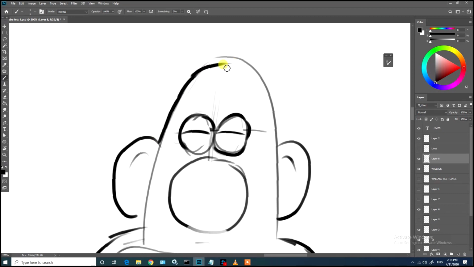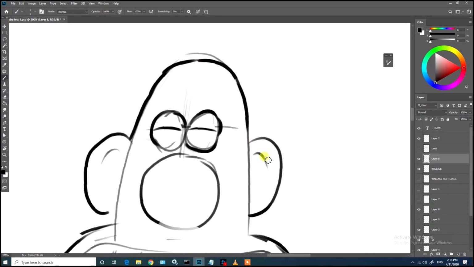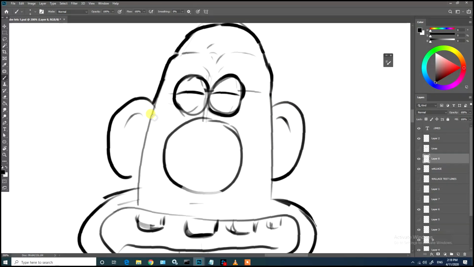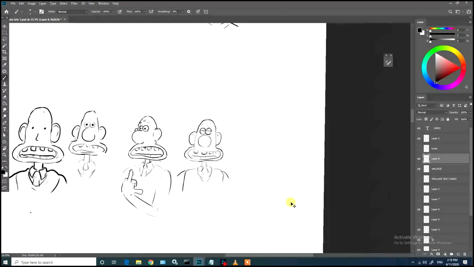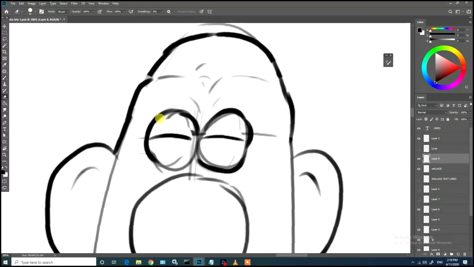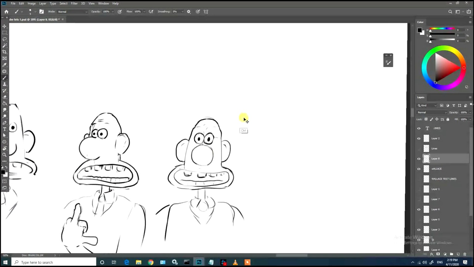Refinement would come just from doing standard stuff, really. Oh, and I almost forgot one last thing: his eyebrows. He does actually have a pretty big brow line. That's also important. It gives his head more shape. So there you go. It's not a perfect looking Wallace, but it's done very quickly to give you an idea of what he should look like.